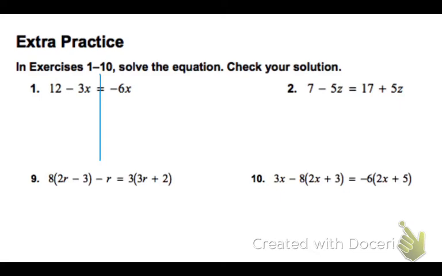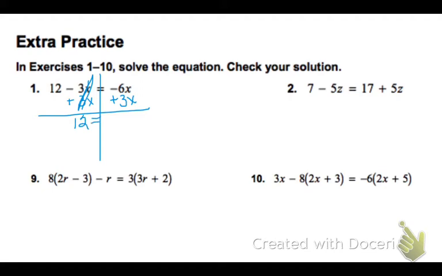I'm going to start by moving the 3x. So you have 12 minus this 3x. If I add 3x to both sides, notice on the left, negative 3x plus 3x, we get 0. So we have a 12.